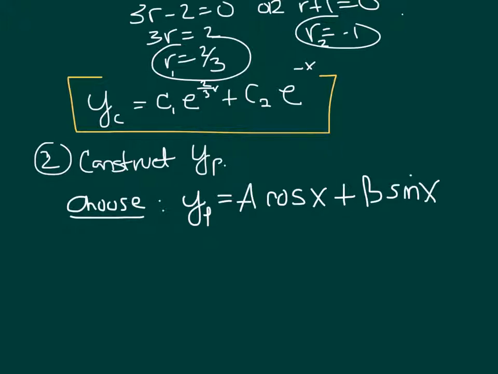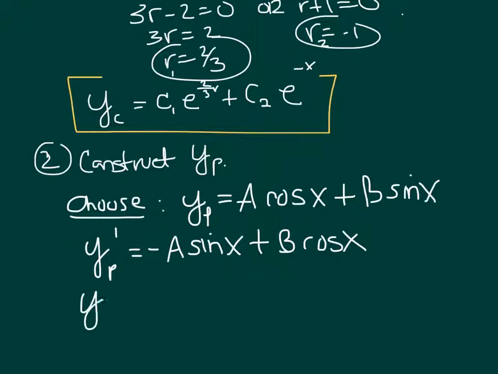Let's find the derivative. That's negative a sine x plus b cosine x, and then y p double prime is negative a cosine x minus b sine x.